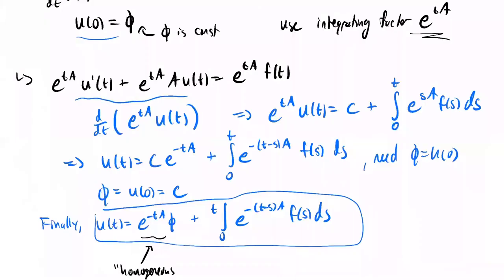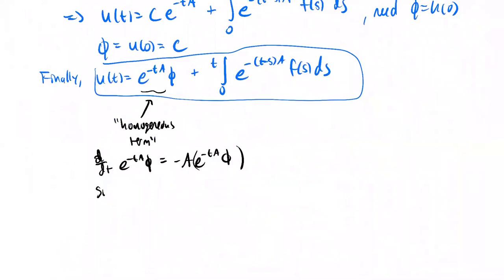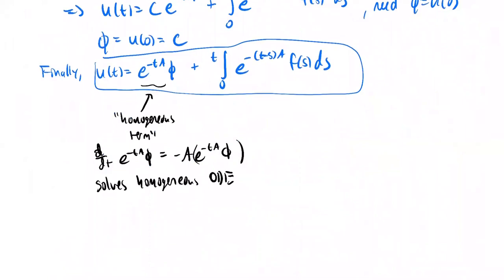Right, so this solves the homogeneous ODE. And moreover, if I set t equals 0, well, e to the minus 0 times a applied to phi is just 1 times phi. So this has the correct initial condition as well. So in fact, it solves the homogeneous initial value problem that we saw above.